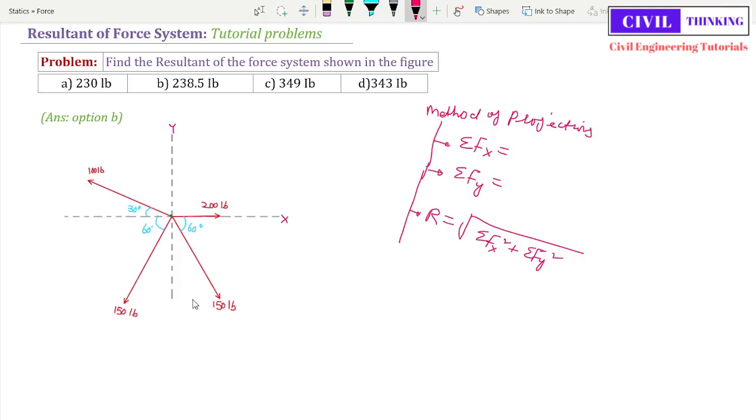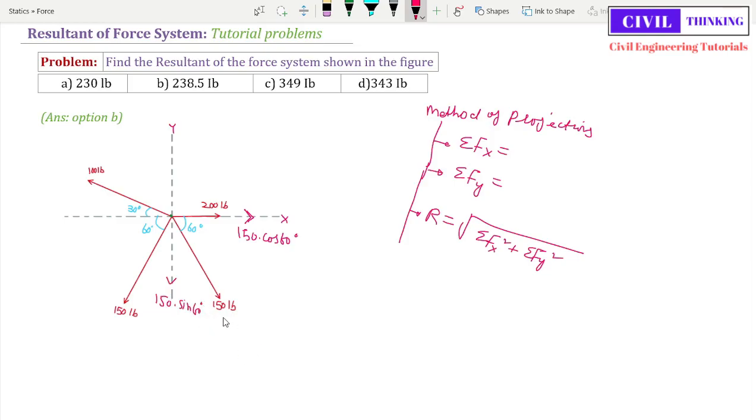Okay, so let's begin. Let's look at this force first, 150 pounds. The x component is in this direction. It is 150 cos 60 degrees, and the y component is in this direction. It is 150 sin 60.